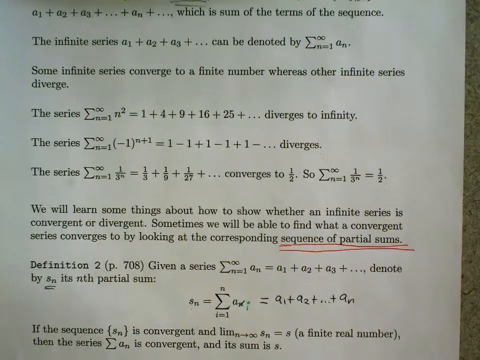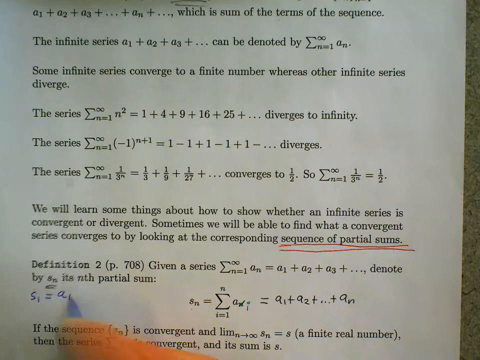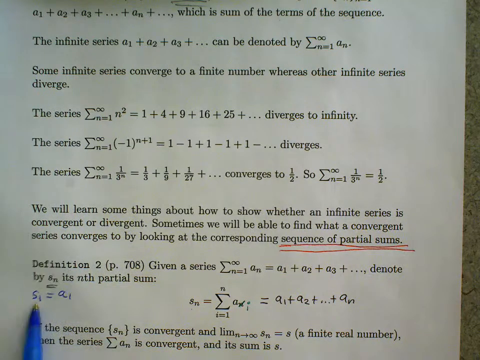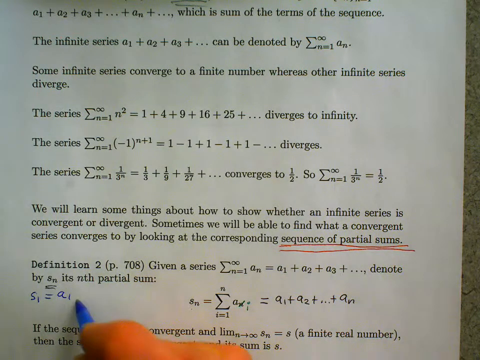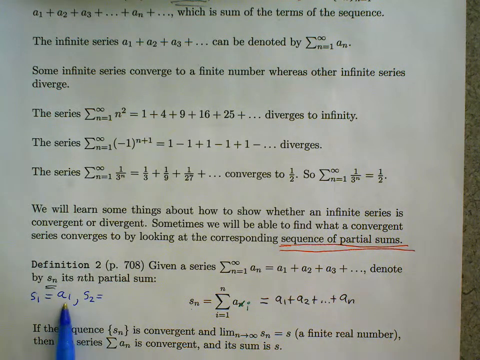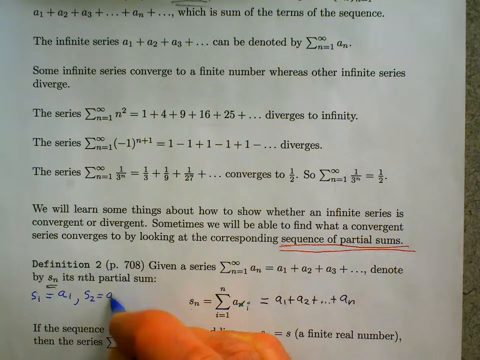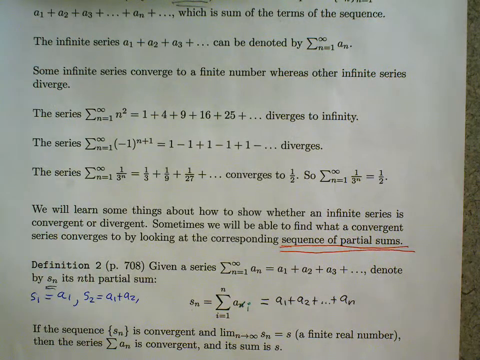Okay, just to reiterate, S sub 1 is just the first term from the sequence a sub n. S sub 2 is the sum of the first two terms from the sequence a sub n. So S sub 2 is a sub 1 plus a sub 2, and so on.